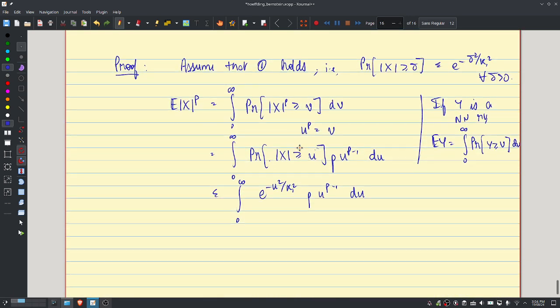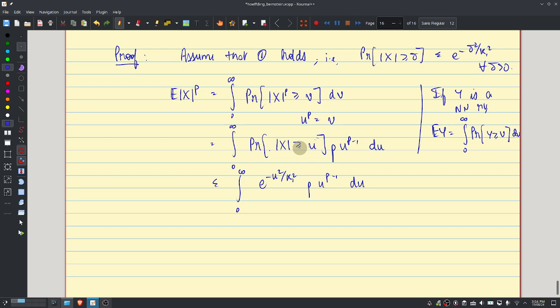So let me do another change of variable. Fine, I can take u square equal to something. Let me take u square by k1 square equal to something. So let's do another change of variable.